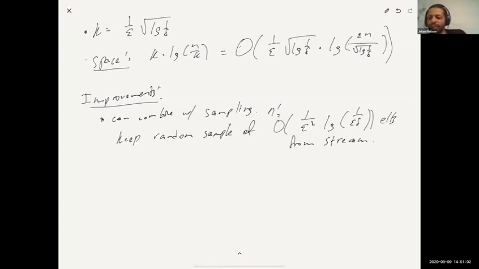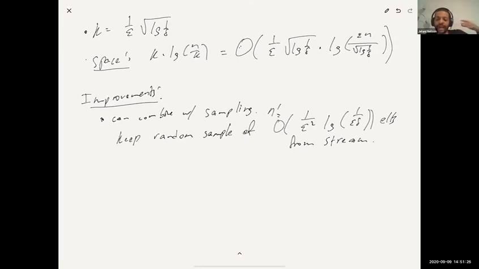When someone asks you what's at the 25th percentile, you just return what's at the 25th percentile from the sample. And you can show that this will actually do that for you. So now let's say you know n in advance. Each item you see in the stream, you just remember it with probability n prime over n, otherwise you get rid of it.